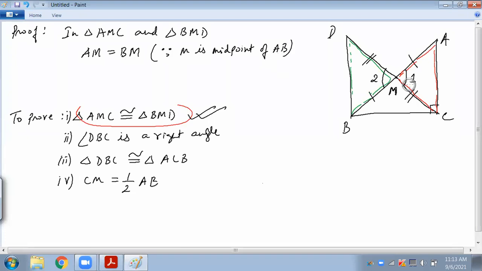Then again, can you take angle 1 and 2 equal? Yes, we can, because they are vertically opposite angles, and vertically opposite angles are always equal. Then again, we can take CM equal to DM, because it is given in the question.